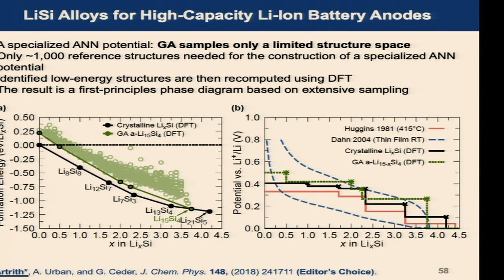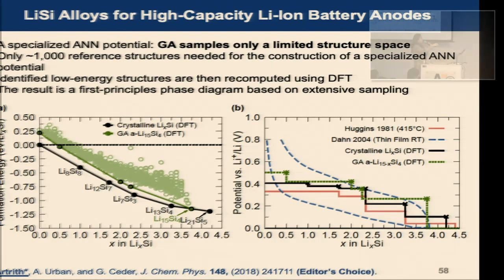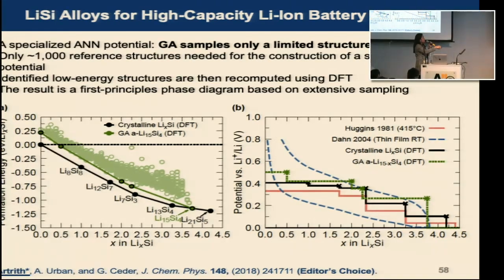This is the amorphous lithium silicon that we get from the neural network potential and recalculate with DFT just to make sure that it is correct. And then we compute the voltage curve here. From the experimental data, it is the blue one.